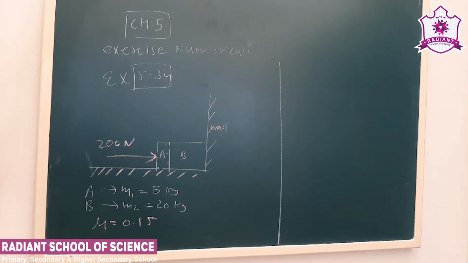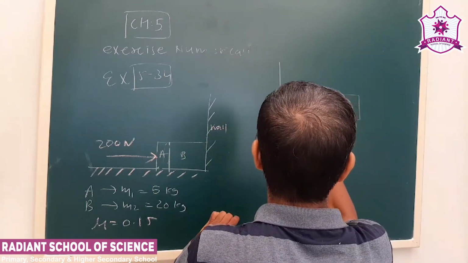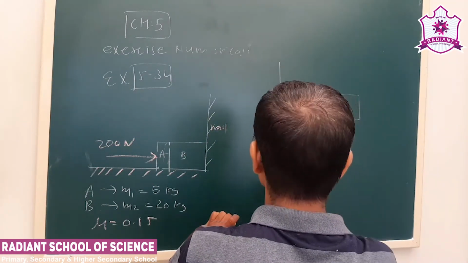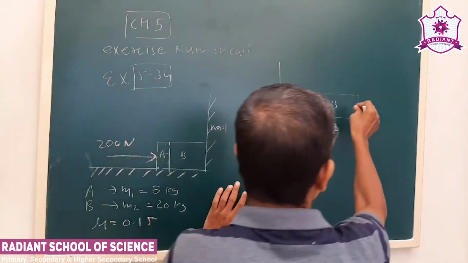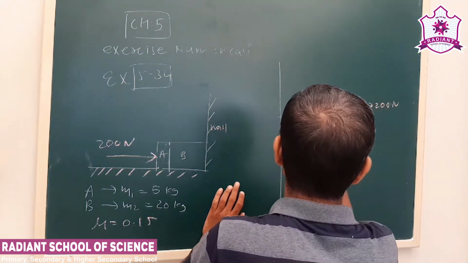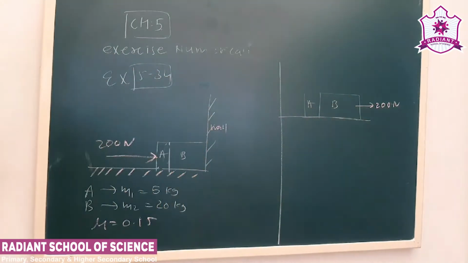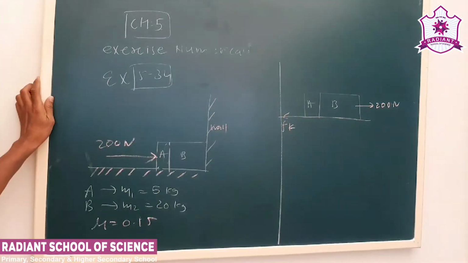Now see, here we should draw the block diagram of A and B. Our external force is on the right hand side, so we can show here 200 Newton. As I told earlier, the frictional force is always in the opposite direction, that will be Fk.